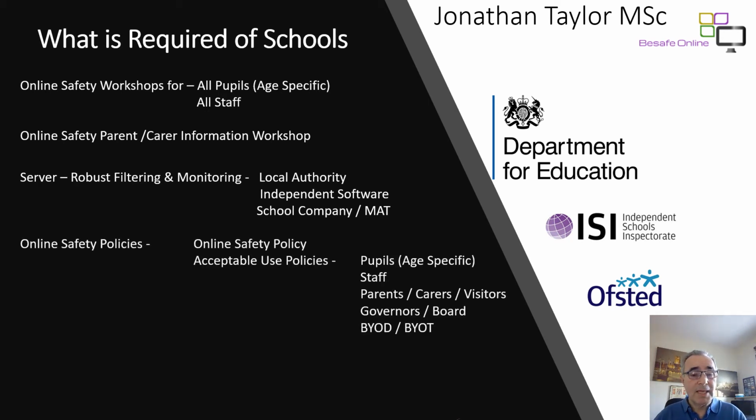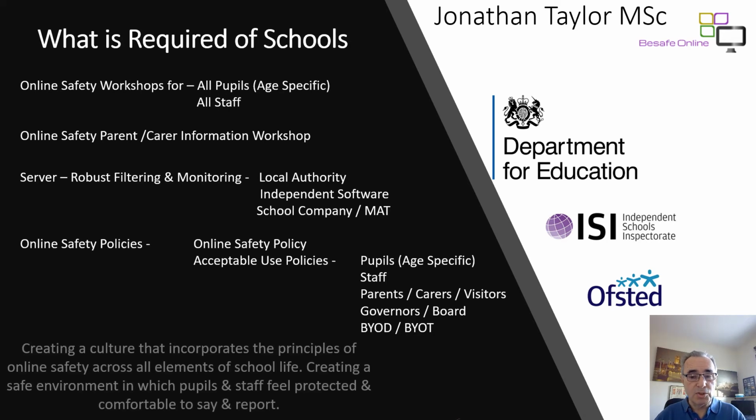There must be a standalone online safety policy, which can be referenced in the child safeguarding policy, but there must be a standalone online safety policy, which should highlight acceptable use policies, which should again be quite specific to pupils for their age, staff, parents, carers and visitors to the school, governors or the board or the executive, and of course an acceptable use policy for bring your own device or bring your own technology for students and staff into school.